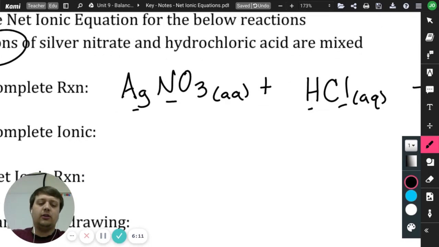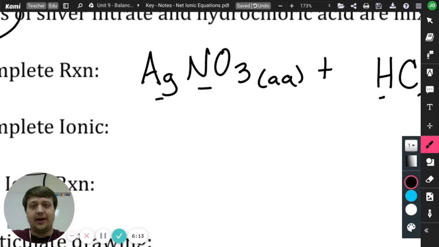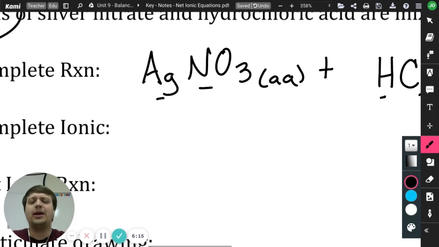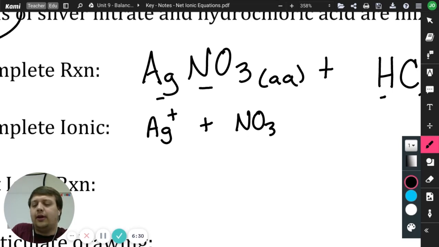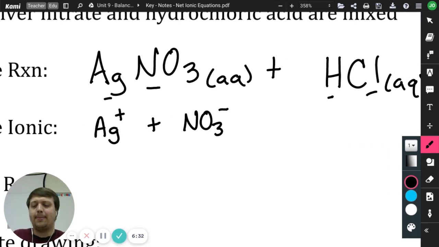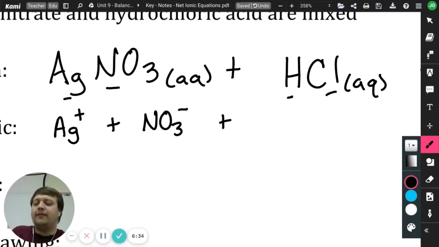Now let's take a look at our complete ionic reaction. So the complete ionic is basically anything that was aqueous, we break apart into its ions. So first off, I've got silver nitrate. That was aqueous, so it's going to separate into the silver ion and the nitrate ion. Then I have hydrochloric acid, HCl. That's going to separate into a hydrogen ion and a chloride ion.